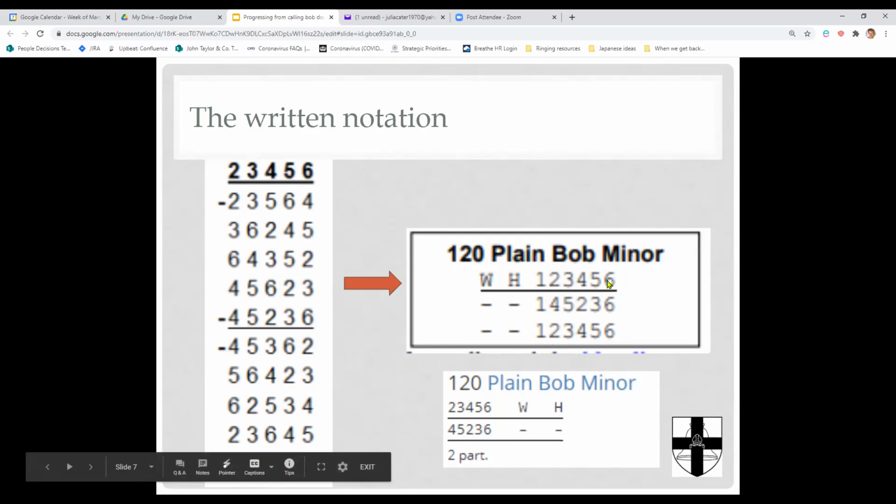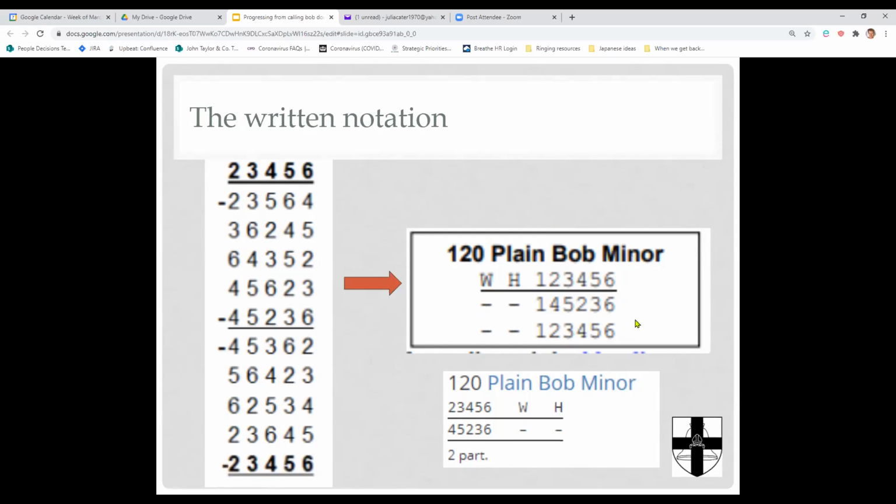So when you start to look up compositions or things to call, you most often will notice it like this, and this is how to interpret it. You read it left to right. Every time there's a dash, it means there's a bob. If for example it said there was a dash under W and then nothing under H, it means you don't put the home in.